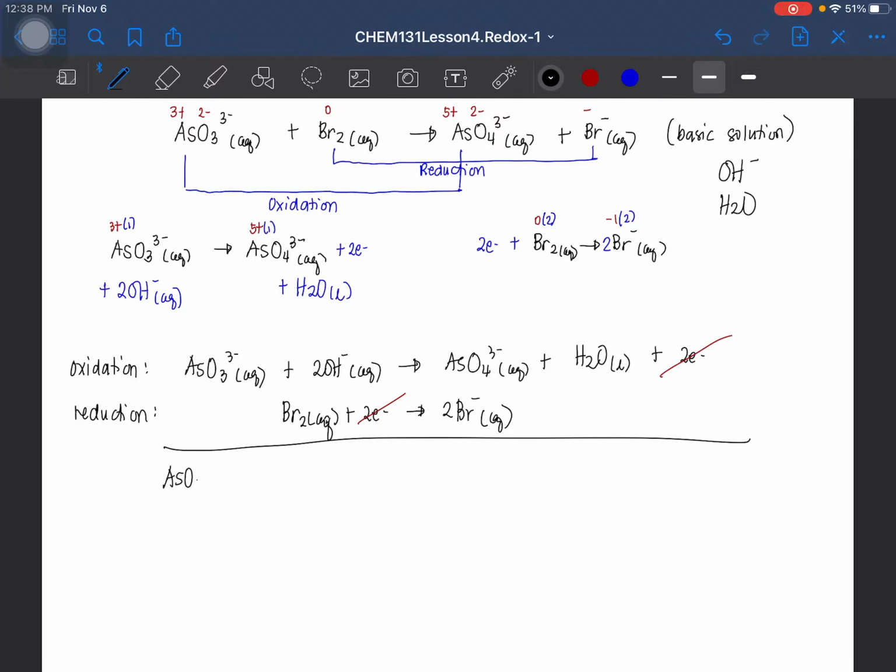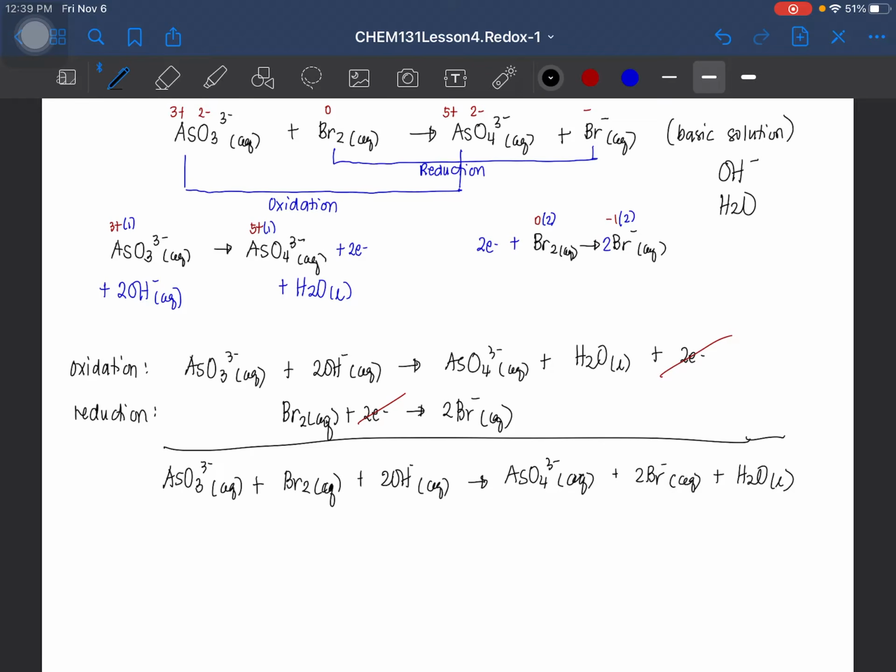And our final answer would be AsO3 3- aqueous plus Br2 aqueous plus 2OH- aqueous, producing AsO4 3- aqueous plus 2Br- aqueous plus H2O liquid.